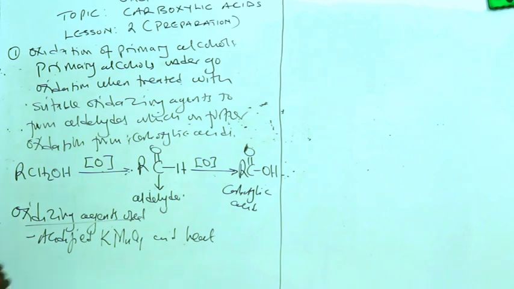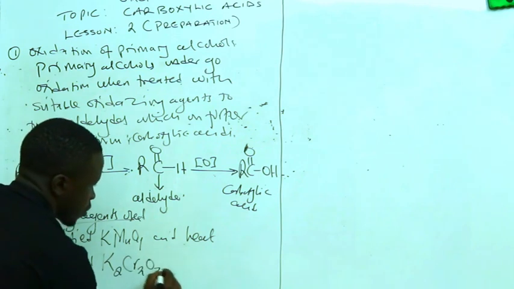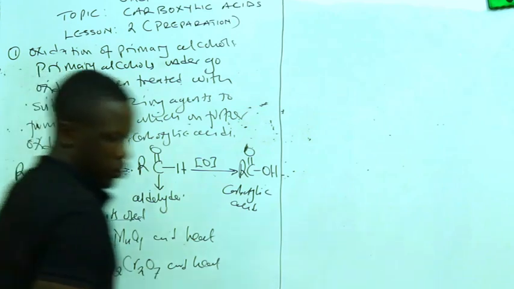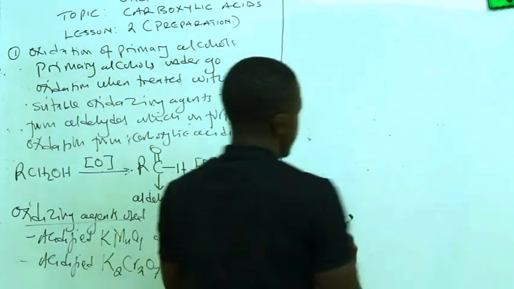Acidified potassium permanganate solution, we could use acidified potassium dichromate, and heat. So for purposes of writing the equations, we can have an example.